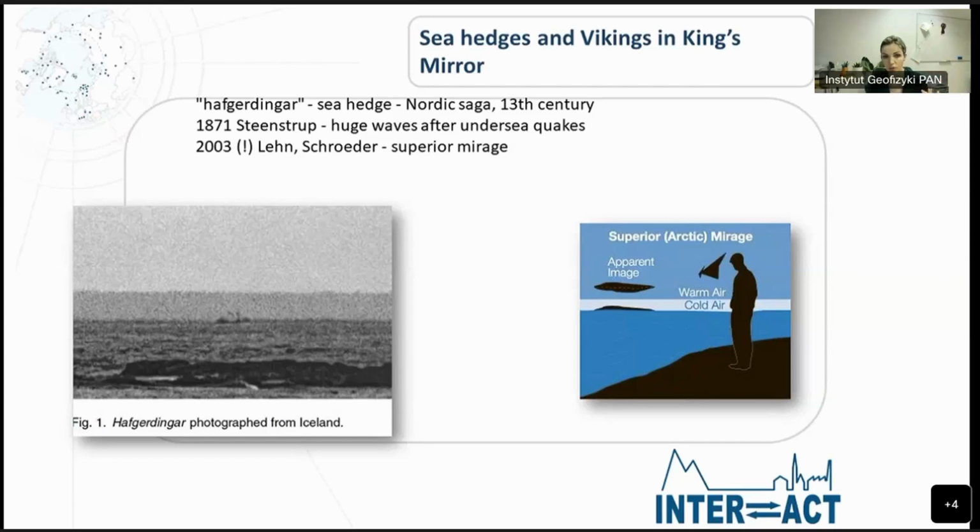These are actual objects like lands, but that are below the horizon, very distant. And again, they are exaggerated because of a phenomenon that is opposite to the desert Fata Morgana.